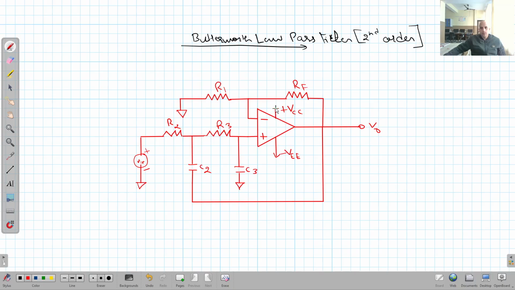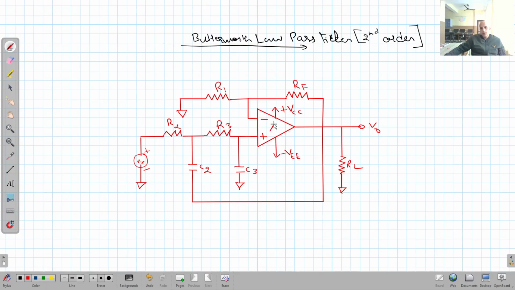This is right. Now we have to draw the load resistance also, across which we are going to take the output. This is load resistance. This is okay, right?